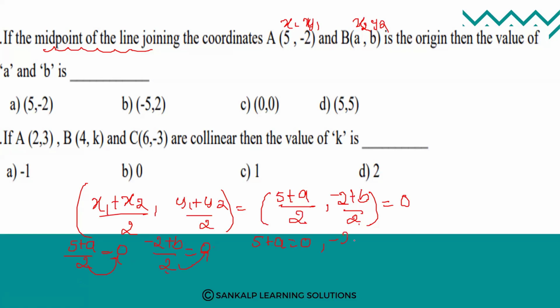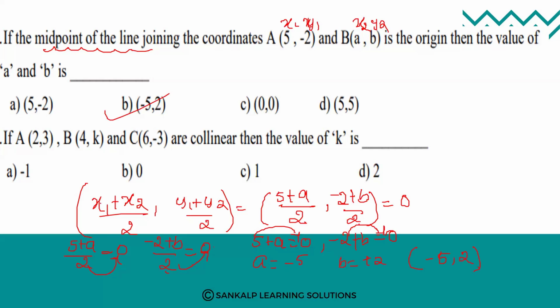So minus 2 plus b equal to 0. That means a is equal to, transfer this 5 to this side, you will get minus 5, and transfer this minus 2 to this side, b is equal to plus 2 you will get. That means coordinates are minus 5 and plus 2. Where is the minus 5 and plus 2 option? Option B. Therefore, option B is right.